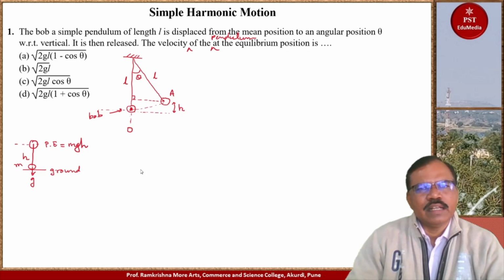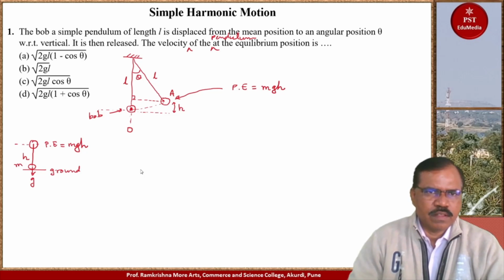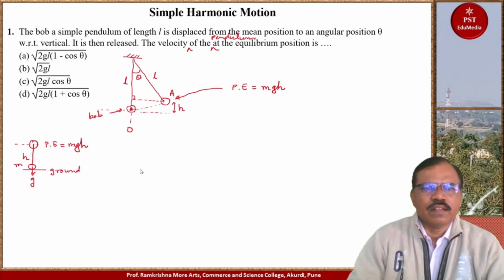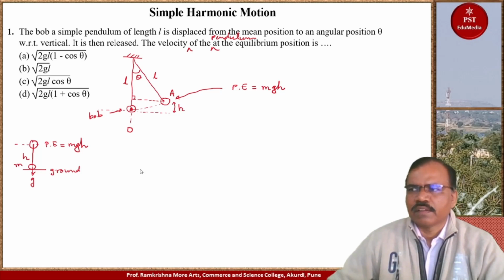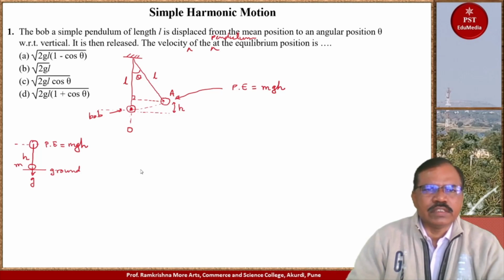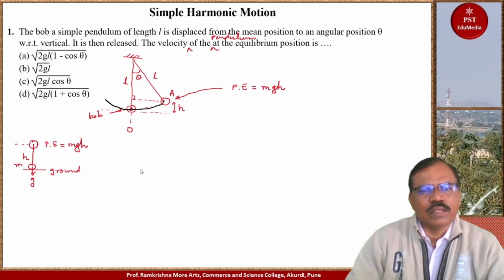So at this position the potential energy is mgh. Now when it is released, what happens? It will oscillate on this curved path, which is a circular arc.